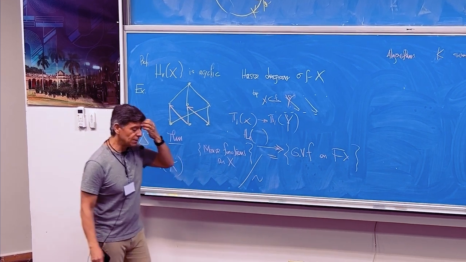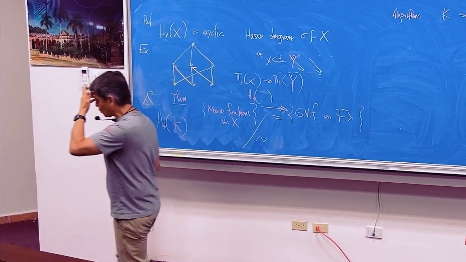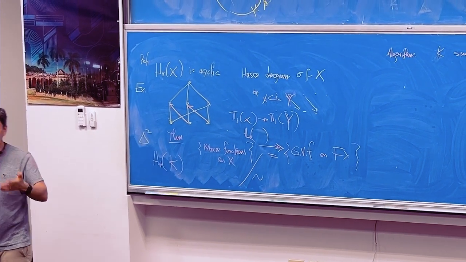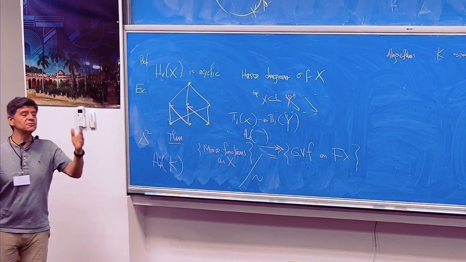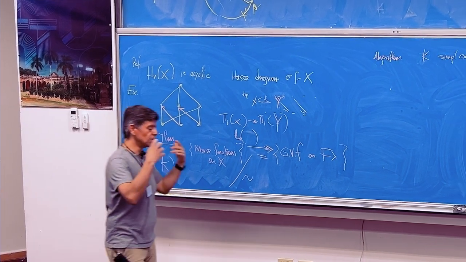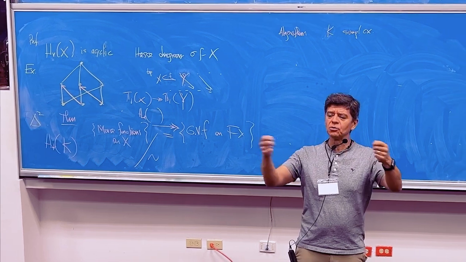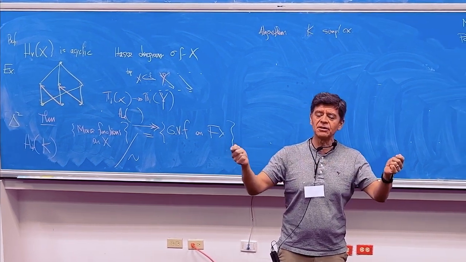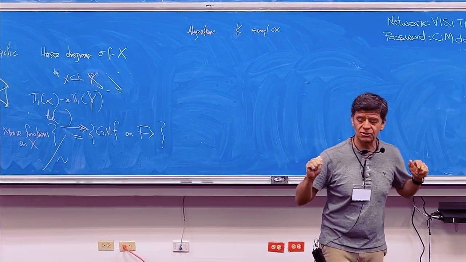And one of them is Perseus, if I understand correctly, which is based precisely on producing discrete vector fields first in order to simplify the computation of homology, because you can produce a discrete vector field with very few critical cells, and then the computation all of a sudden decreases.